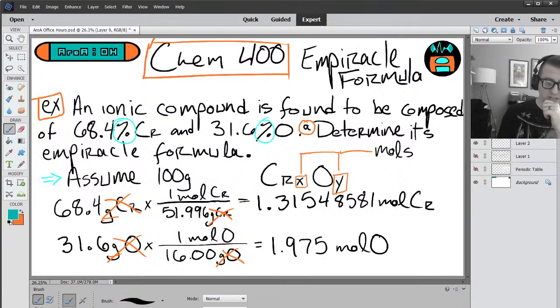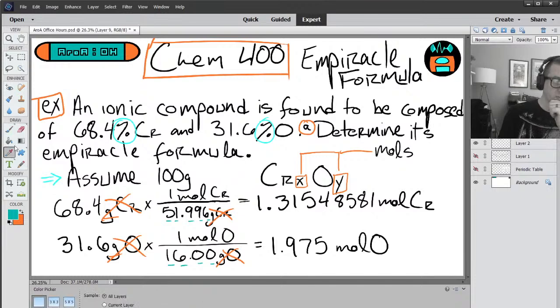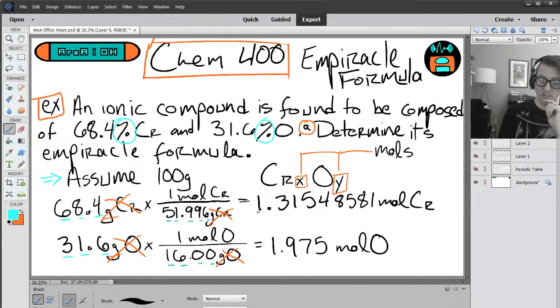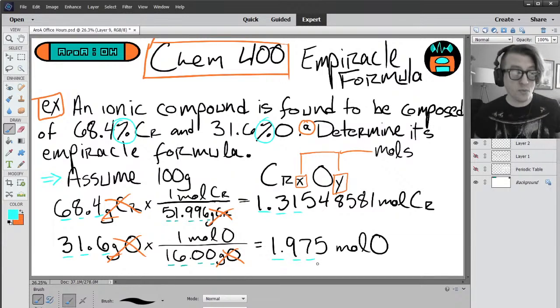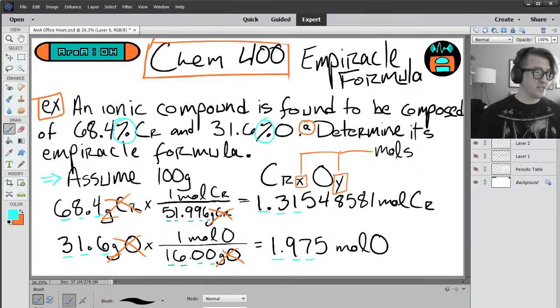Now, sig figs wise, we have 5 in our denominator for chromium, 4 in our denominator for oxygen, but the percentages we're given only have 3 sig figs each, so that will limit our significant digits. I'm going to wait to round to the end, but I'm putting these lines here to remind myself that each of these numbers only has 3 significant digits.